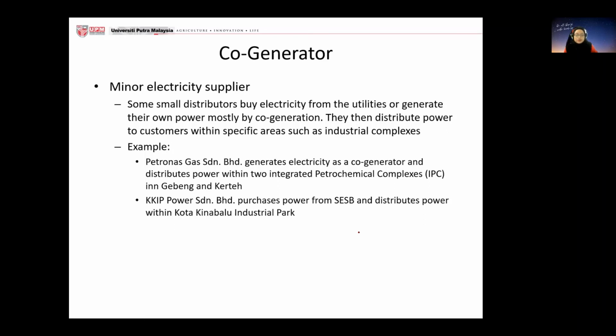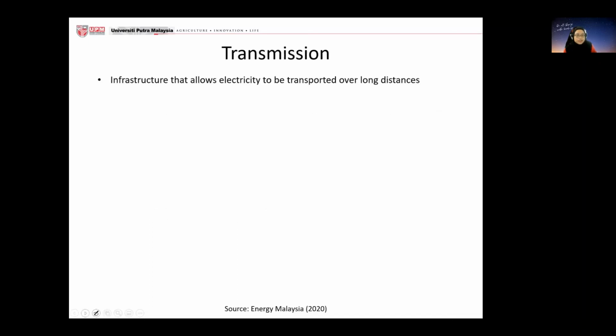Some examples are Petronas Gas, which generates electricity as a co-generator and distributes power within two integrated petrochemical complexes in Gebeng and Kerteh. Sorry about the typo there. Another is KKIP Power, which purchases power from SESB and distributes it within Kota Kinabalu Industrial Park. So that is a co-generator.